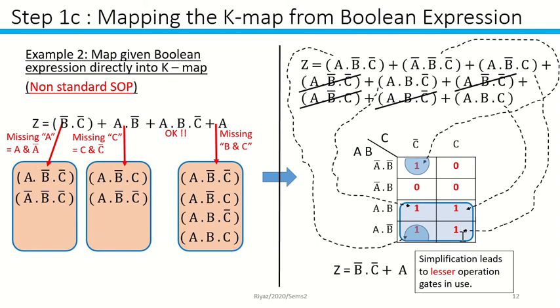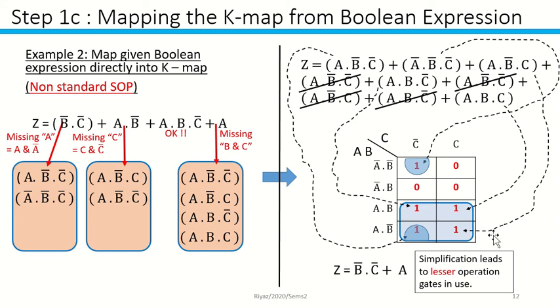So for example, the big group A dot B and A dot B bar, so B and B bar you can take out, so it becomes A, and C and C bar, so that's why it becomes this one. The response is A, and this one the response is B bar dot C bar. I will discuss more detail later in the coming examples on the next pages, so don't worry about how you get the grouping.